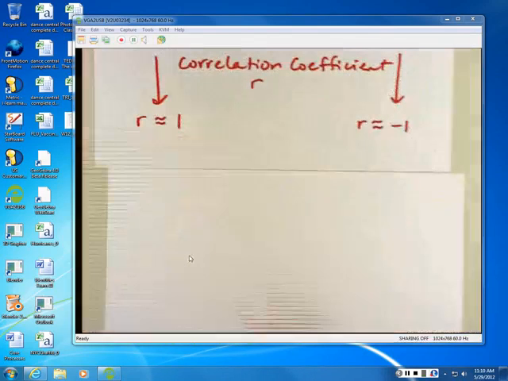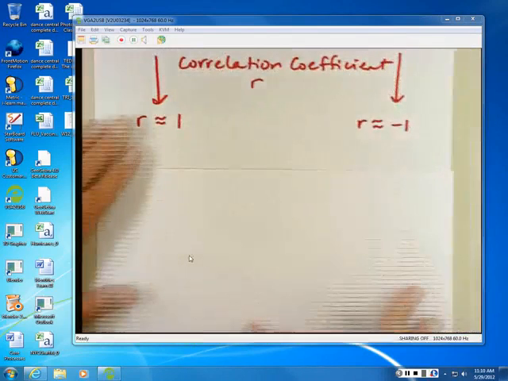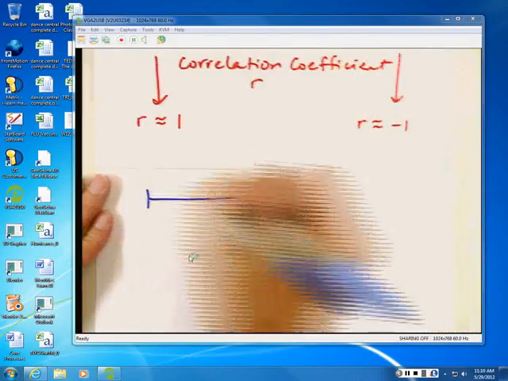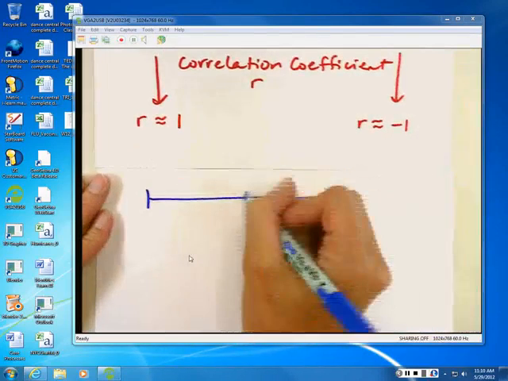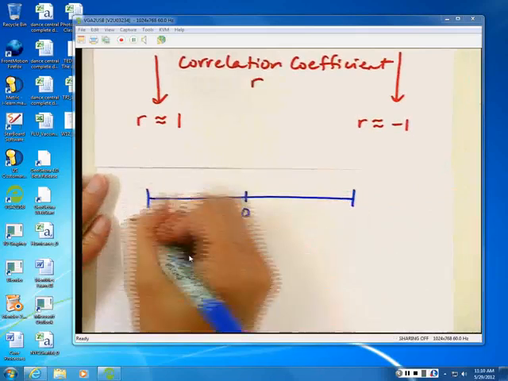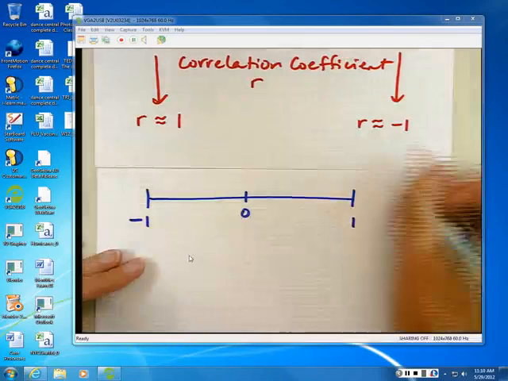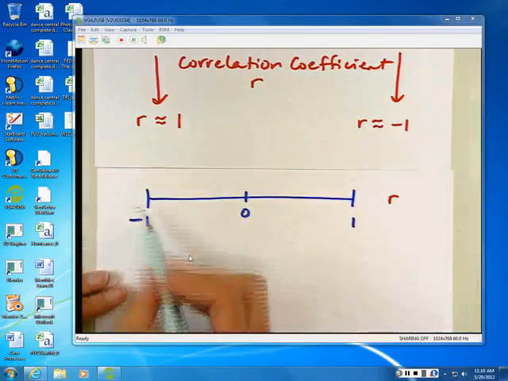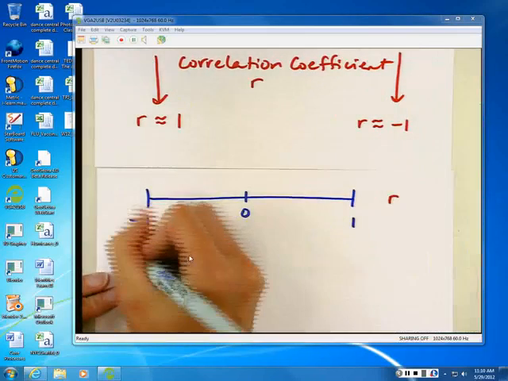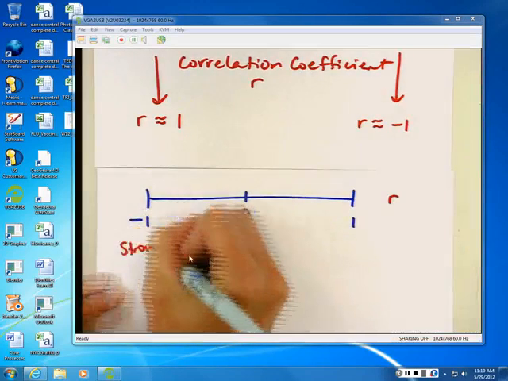We use this correlation coefficient to describe the strength of the correlation. If I put my correlation coefficients on this continuum, I have 0 here in the middle, -1 and 1. These are my correlation coefficients R. On this end, I have a strong negative. There's my R there.